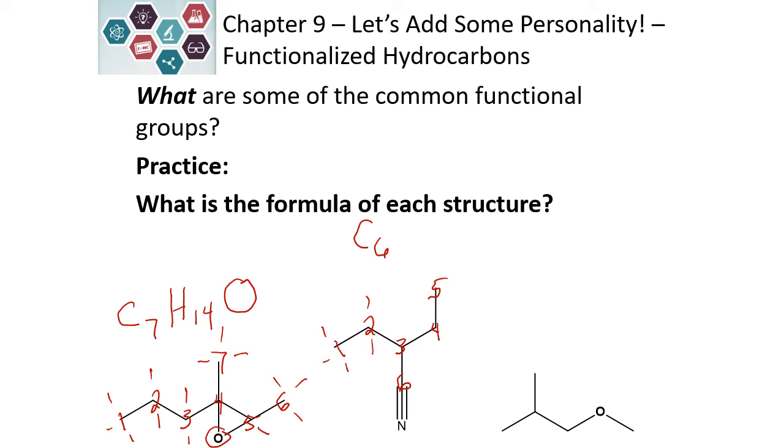We've got 3 bonds off of that third carbon, so it needs 1 more. 6, 7, 8, 9, 10, 11. If we look at that carbon, it's already got 4 bonds, so we can't have any more. So we would have H11, and then we have 1 nitrogen in the formula.